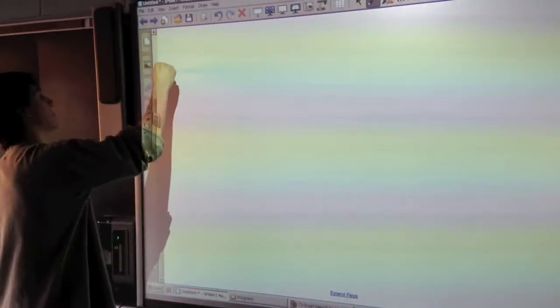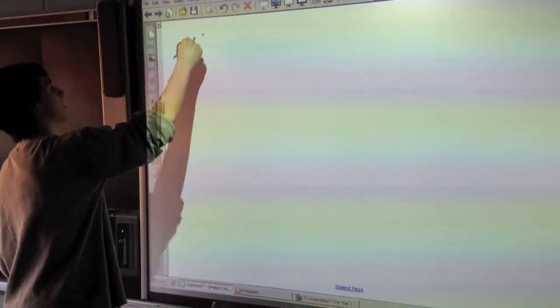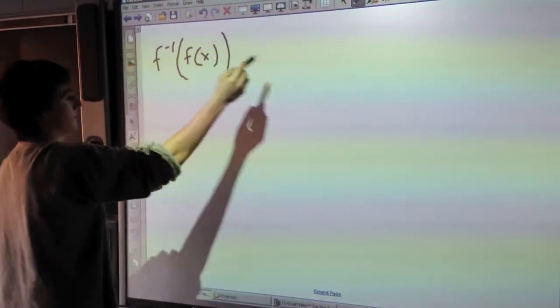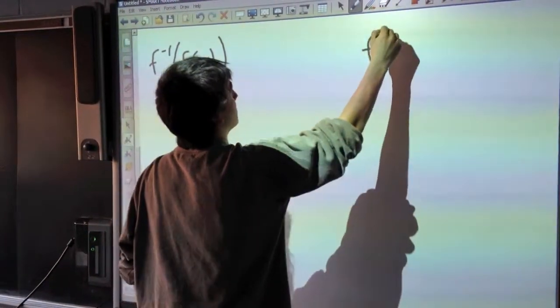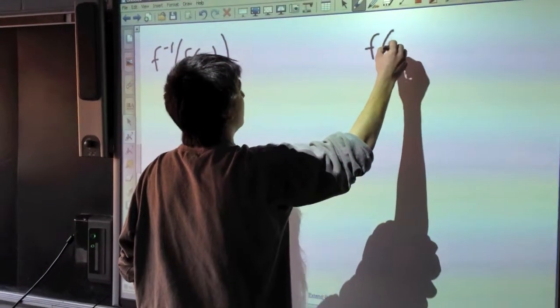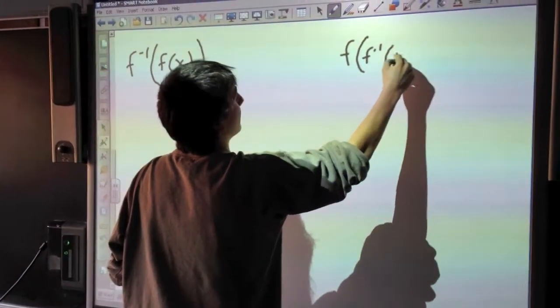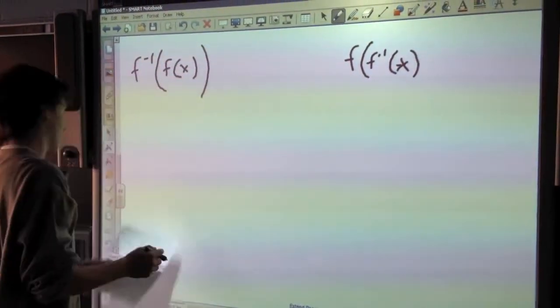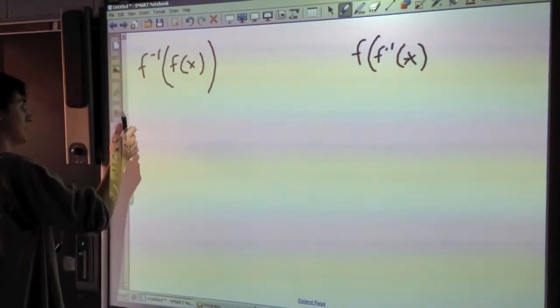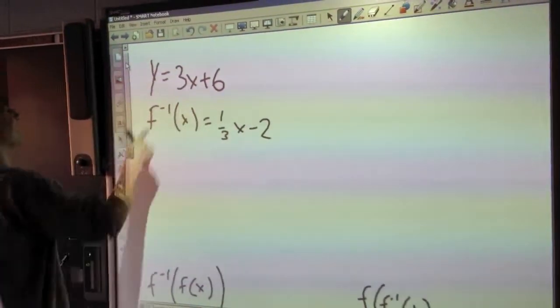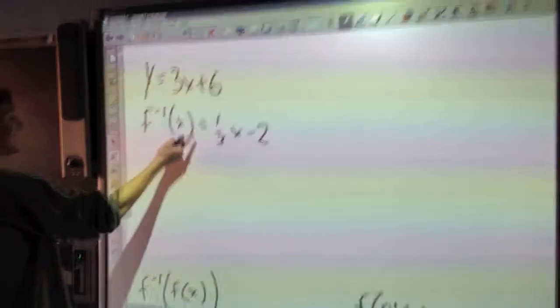Okay, so now the way to confirm that is to put your inverse function using your original, and then also you test it by using your original into your actual inverse. So basically what we said was this was 3x plus 6, and this is your inverse. So now you're doing the inverse part here.